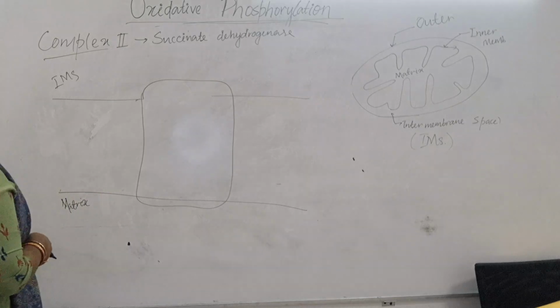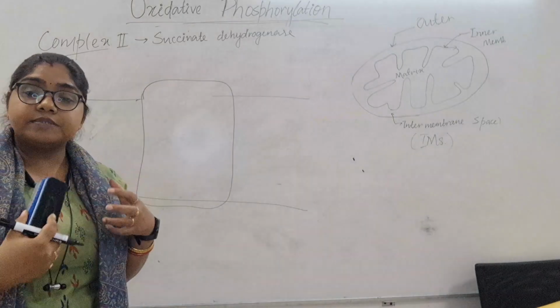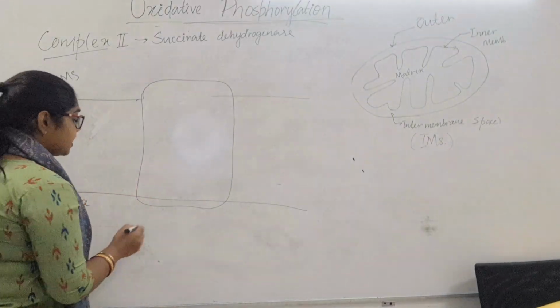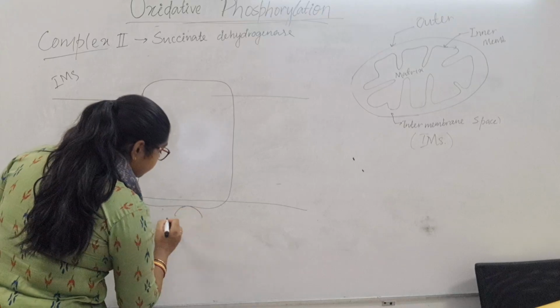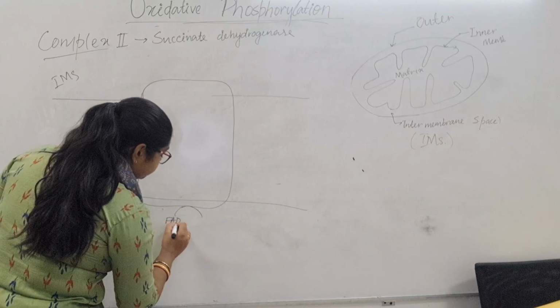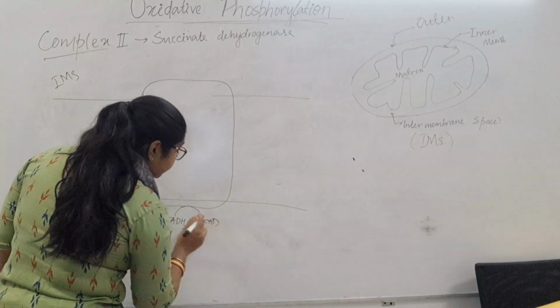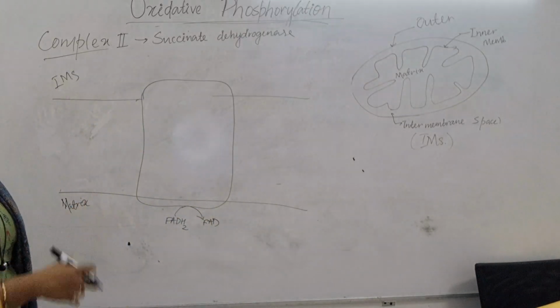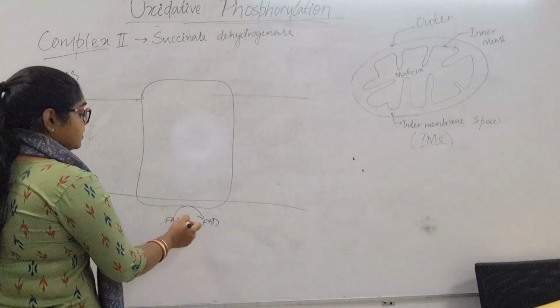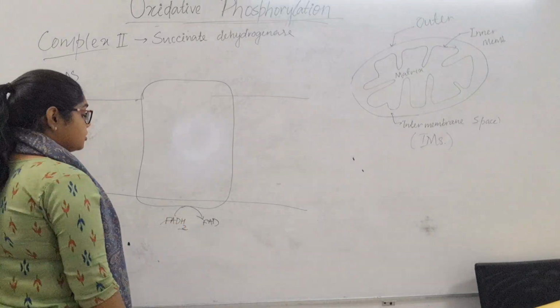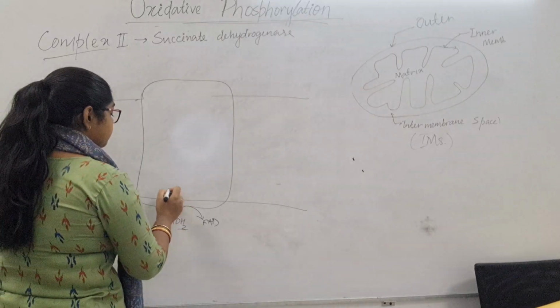But complex 1 accepts NADH, while complex 2 accepts FADH2 and reduces it to FAD. While removing hydrogen from FADH2, it also removes 2 electrons.